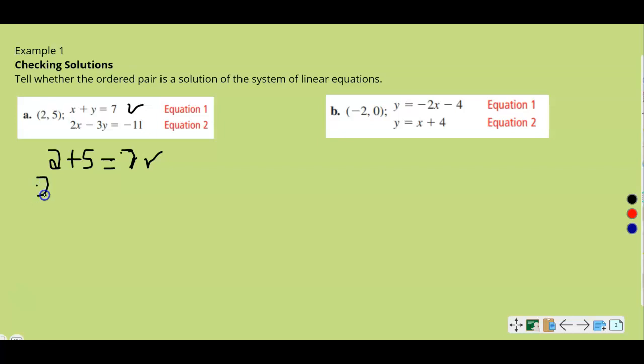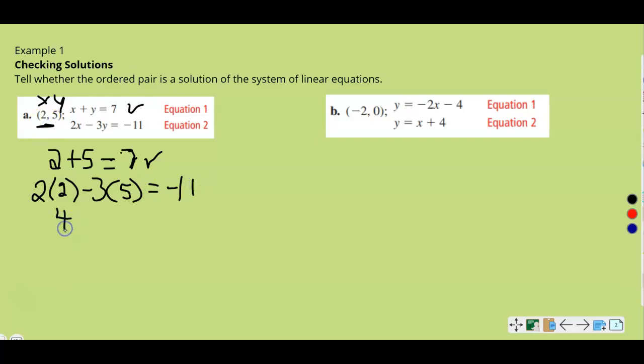So let's check the second equation. Let's see, my pen is not working too well. Give me just a second here. All right, so we've got 2 times x, x is 2, and then minus 3, y is 5. You know that this is your x and y right here. That's what we're doing, checking this point to see if it's a solution.